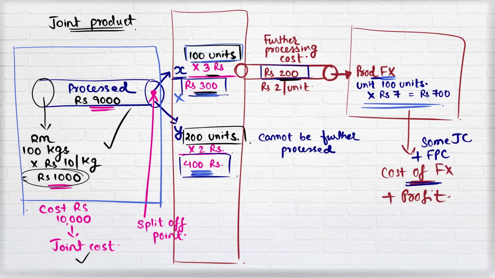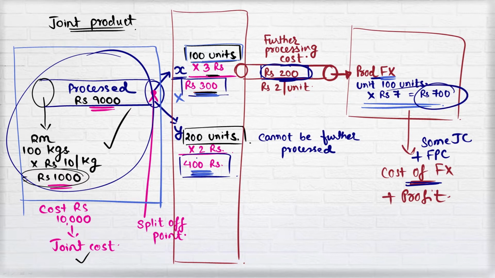Now you are using this figure to distribute this cost, which is not a very good idea because they both are independent. Do you agree? Joint cost and further processing cost do not have any relation. Then this should not become in any way part of distributing joint cost between X and Y. But sir, we have taken this figure.